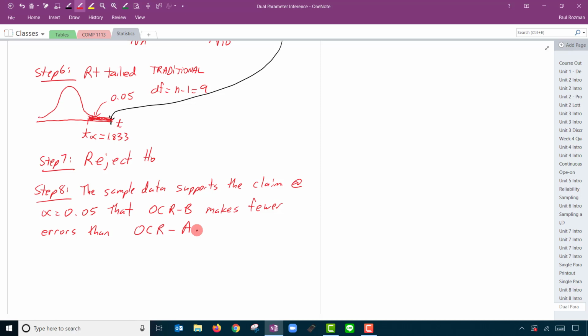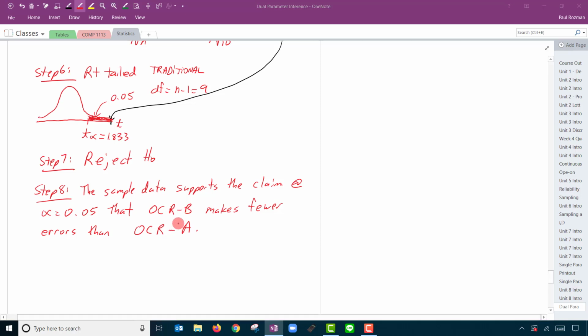It could in fact turn out that A is better than B if we're scanning books that are complete text and aren't full of diagrams and special equations and symbols. But that goes back to the whole idea of setting up your experiments well in the beginning to get data that represents how we'd be using these things.